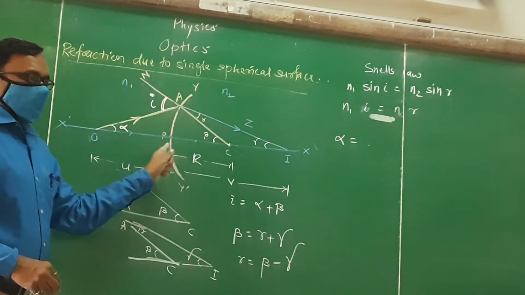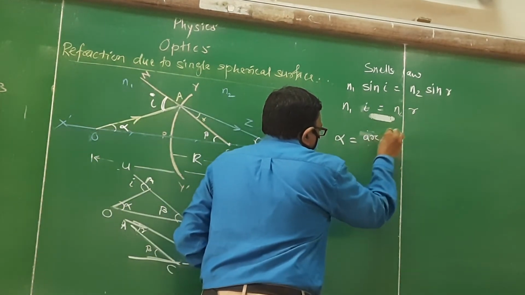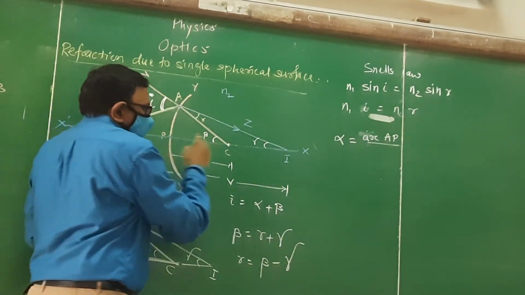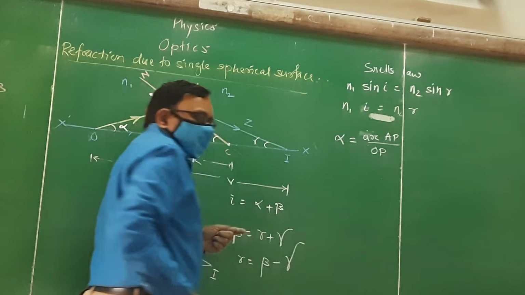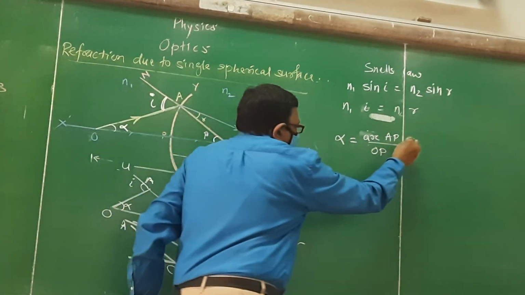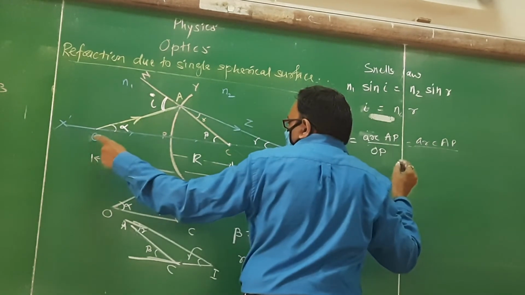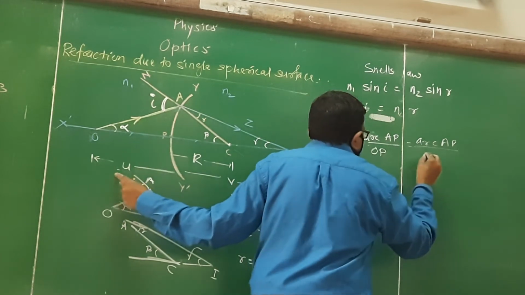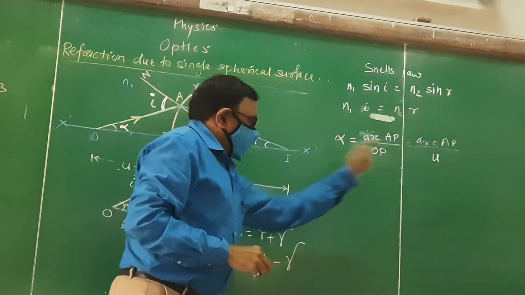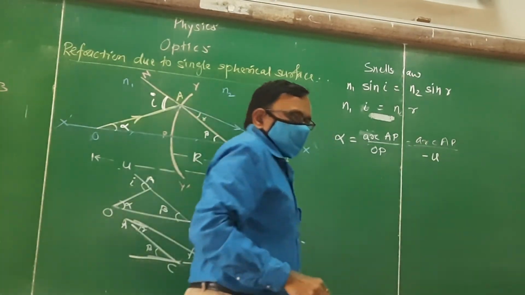Here the arc is AP, and the radius means its distance, that distance is OP. So alpha is equal to AP upon OP. OP means that distance is U. If it is beyond this length, therefore we take here a minus sign.